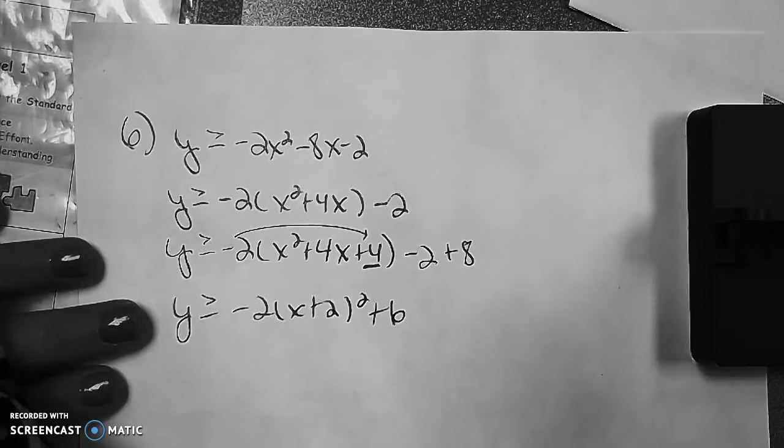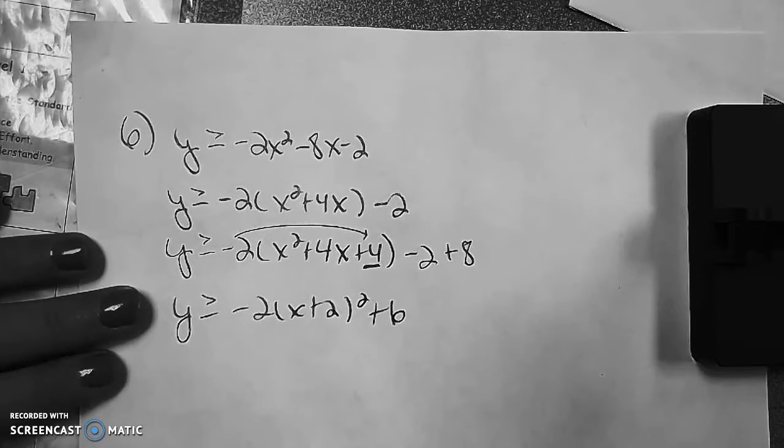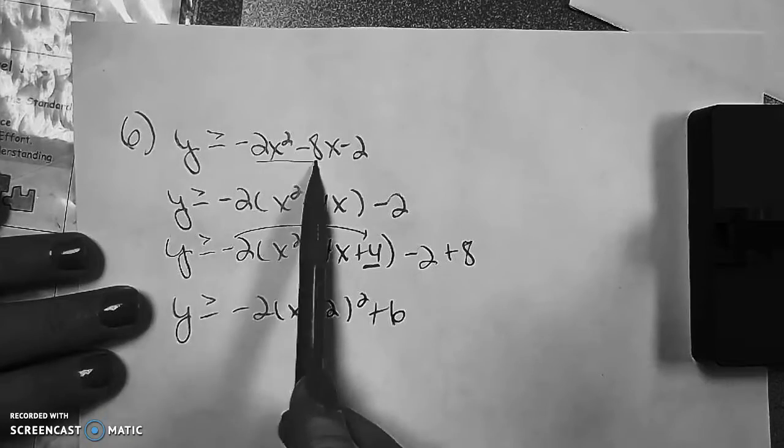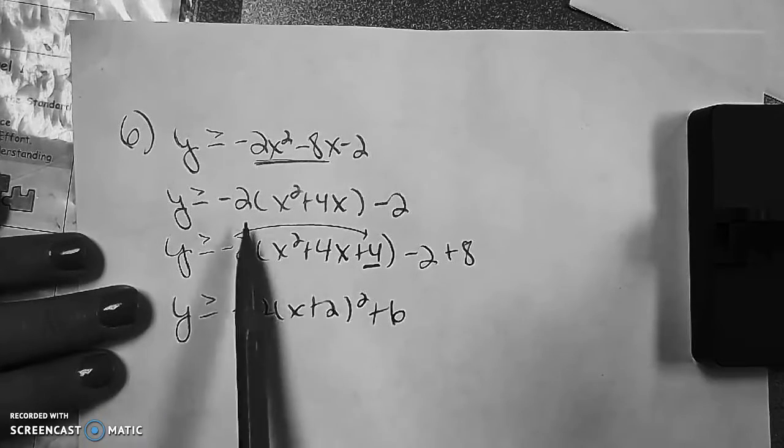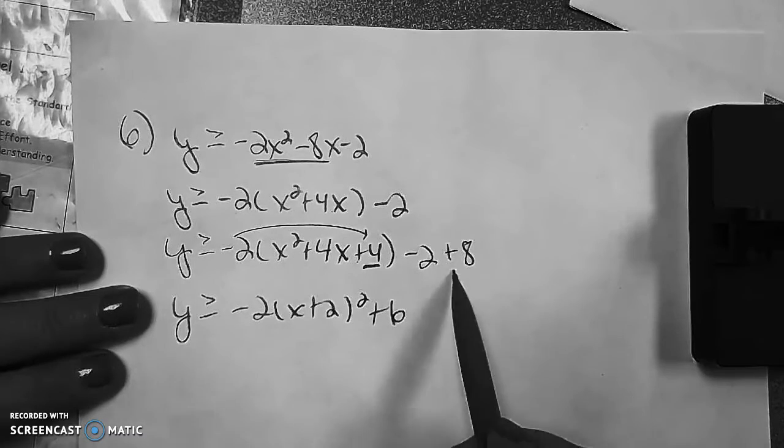I did have someone ask about number 6, and you just said you had trouble with it, so I'm not sure what part. If I had to guess, it might be graphing the quadratic. So I worked number 6 by completing the square to get it in vertex form. To do that, I factored -2 out of these first two terms. I then put a plus a blank, and then I had to balance that.